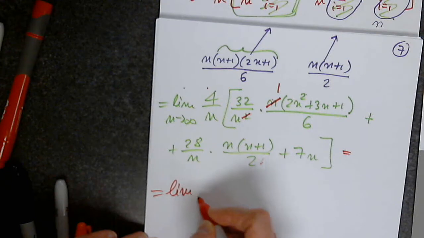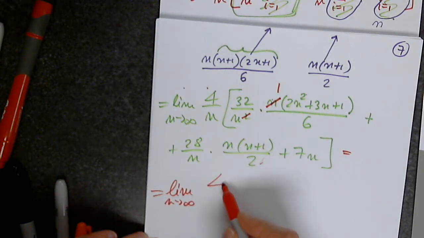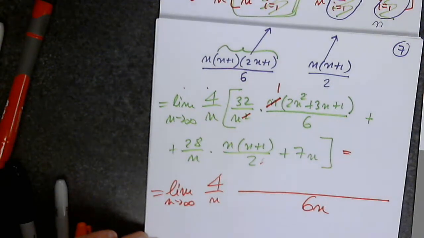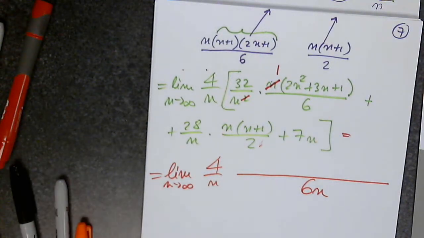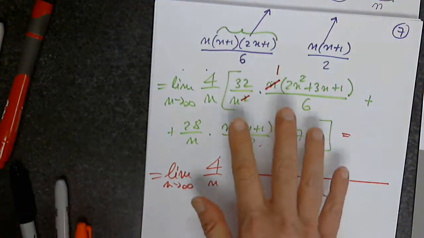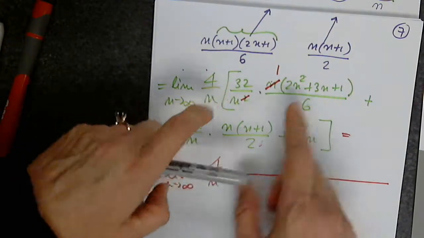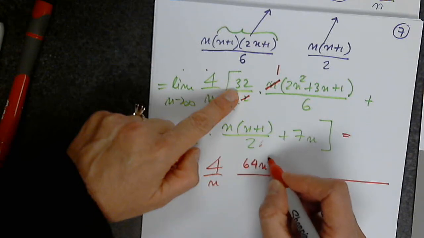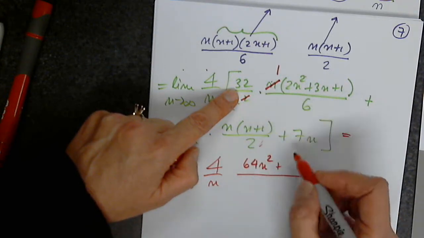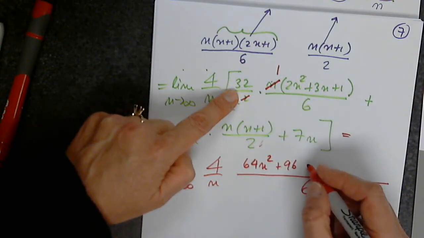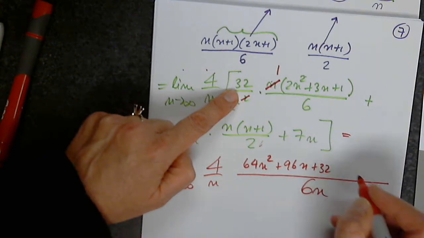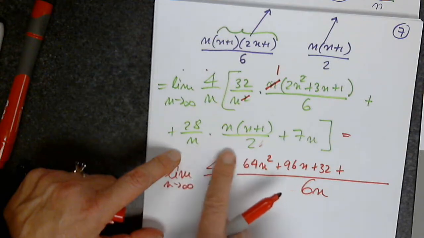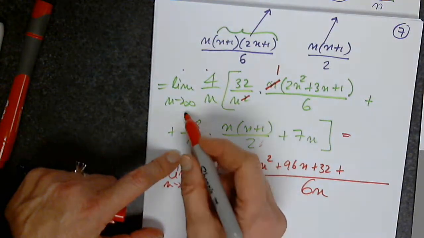So I have the limit as n approaches infinity from 4 over n. Obviously, the least common denominator will be 6n. Here, all I have to do is just distribute. So I have 64n squared plus 96n plus 32 plus, here I have the denominator of 2n, but it's 6n, so I have to multiply it by 3.